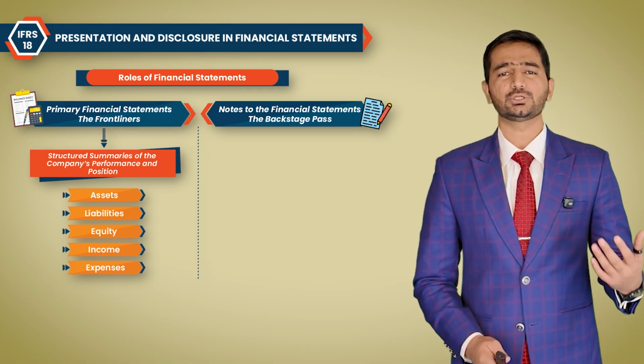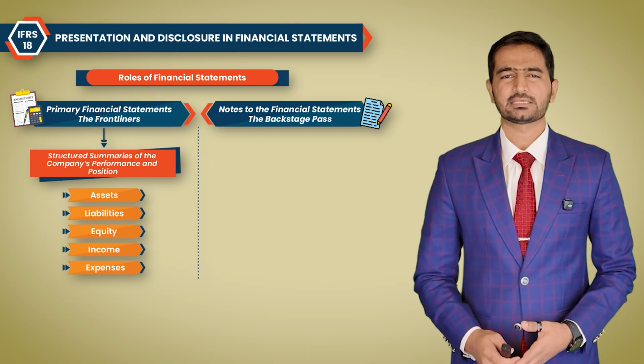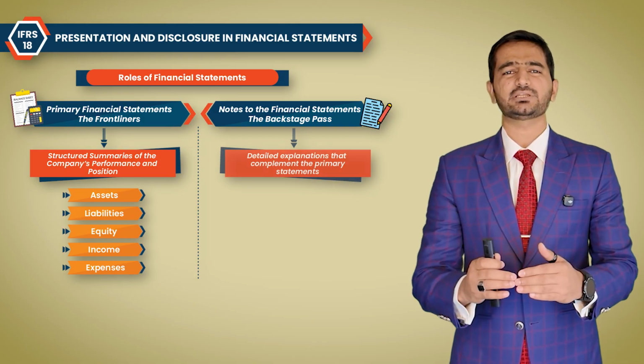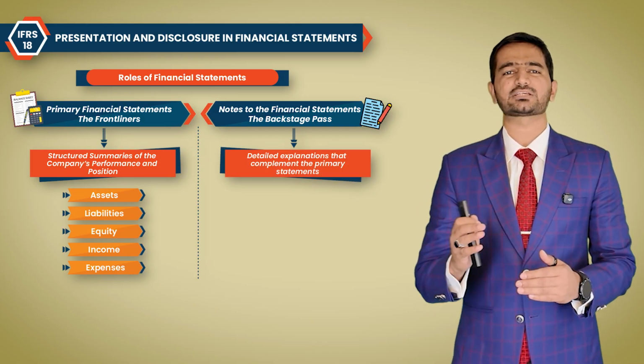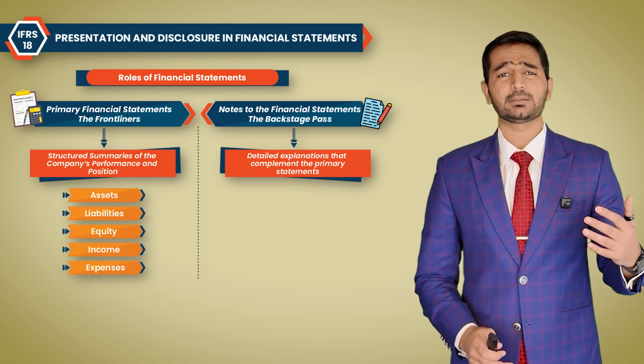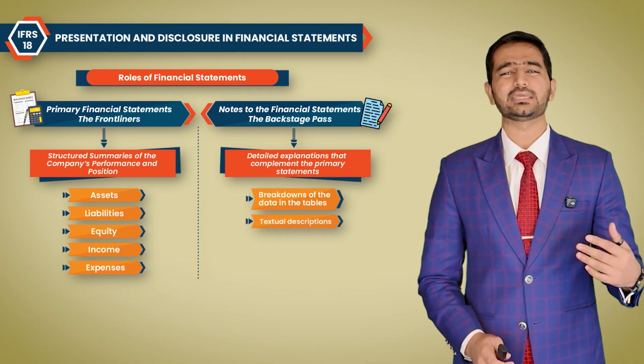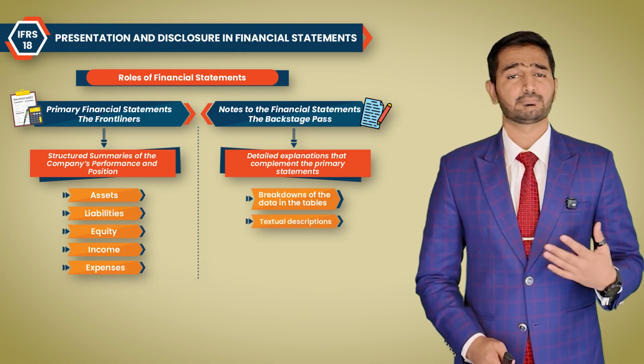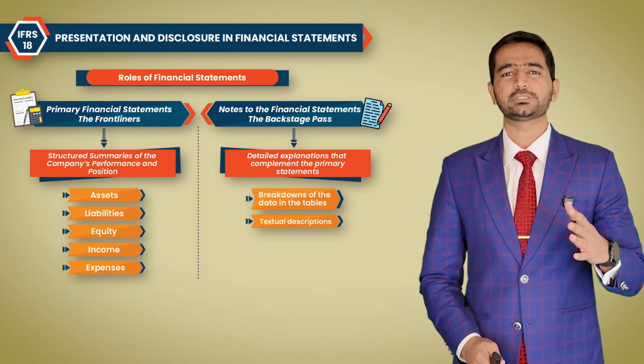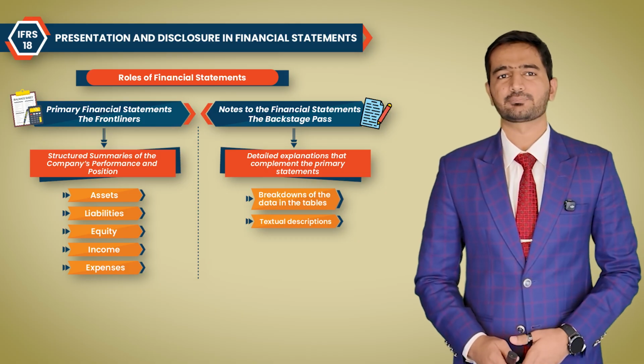And that brings us to the notes to the financial statements. These are the detailed explanations that complement the primary financial statements. They provide breakdowns of the data in their tables and textual description to make things clearer. My friend, don't you dare think the notes are any less important.